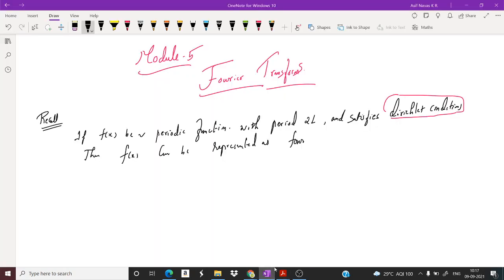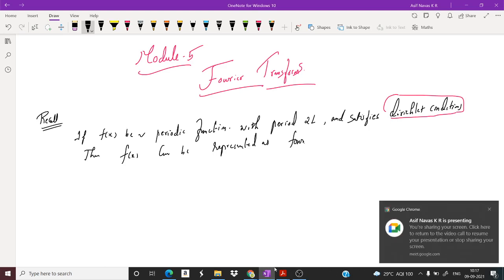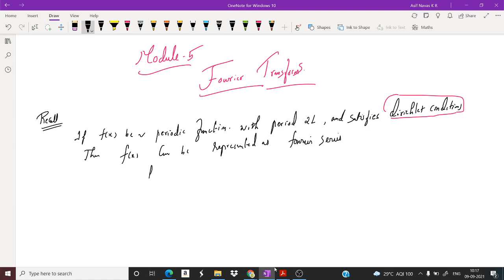Then f of x can be represented as a Fourier series. So you know that f of x is of the form a naught by 2 plus sigma n equal to 1 to infinity a n cos n pi x by L plus b n sin n pi x by L. So this is called a Fourier series, where a n, b n, a naught are constants.